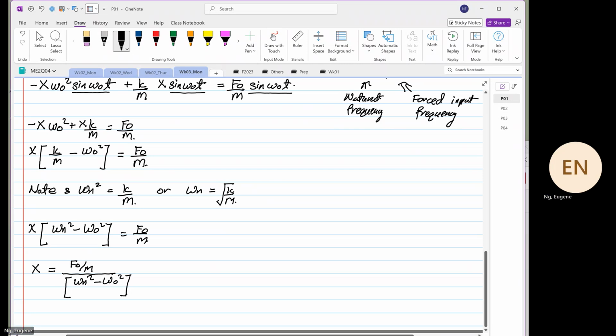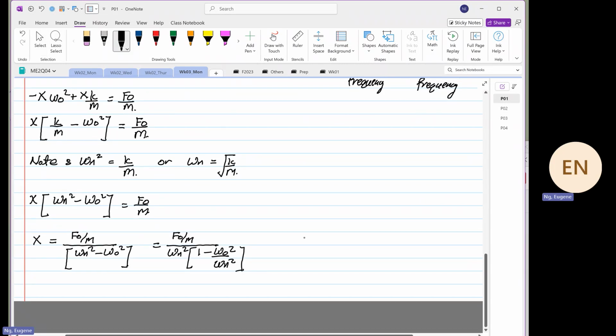Rearranging the term a bit, f naught over m, we have omega n squared on the outside, and then 1 minus omega naught squared over omega n squared. We are going to rearrange the term slightly.